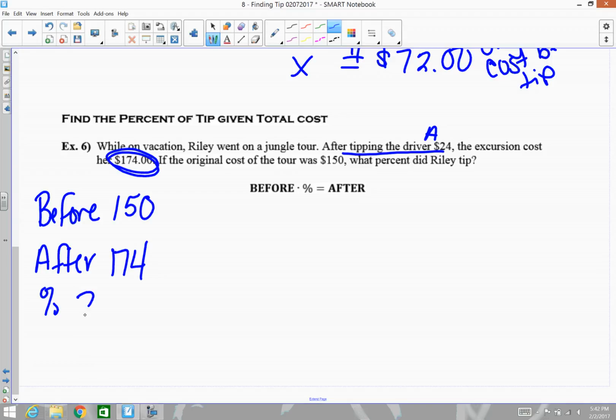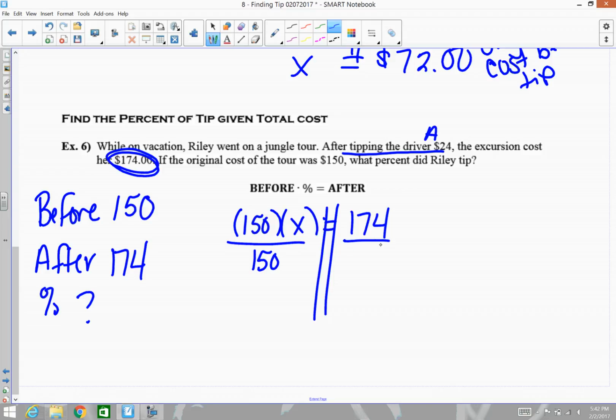What we're looking for is the percent that she tipped. So we have the before amount. We don't have the percent, but we know after everything was said and done, she paid $174 for this tour. That's including the tip. So if we want to know the percent that's being tipped, we need to divide by 150.